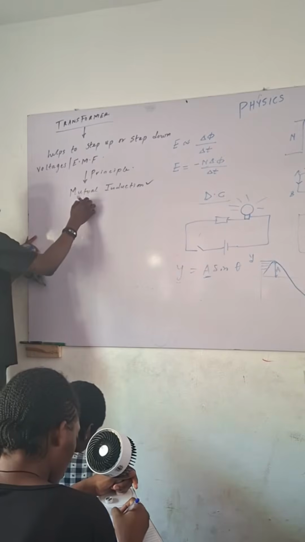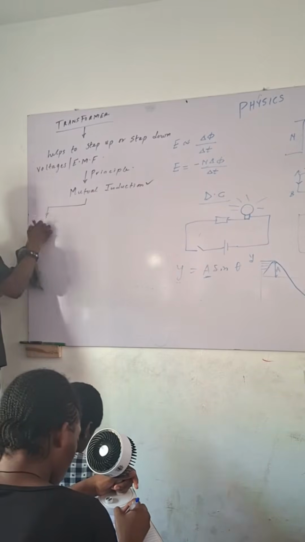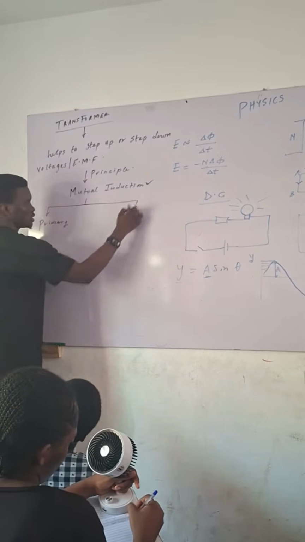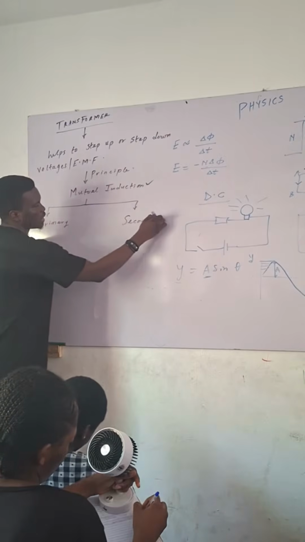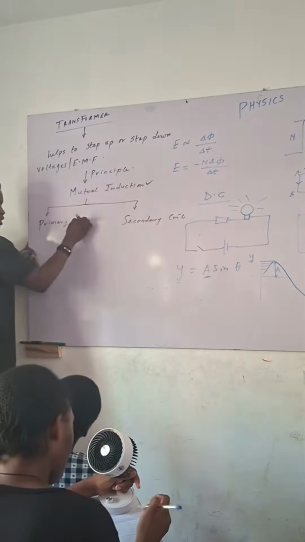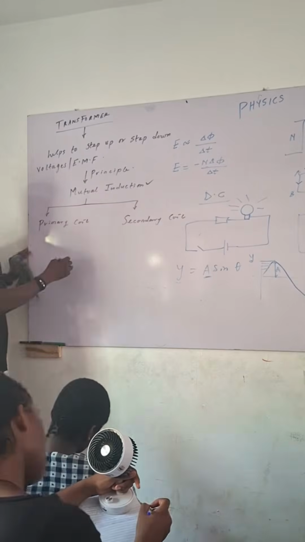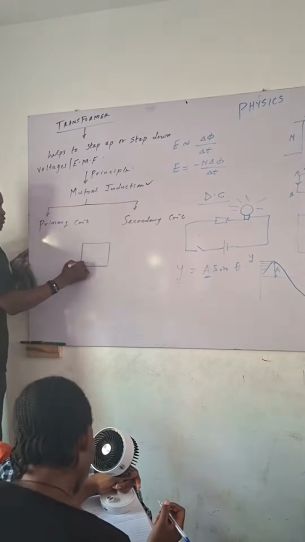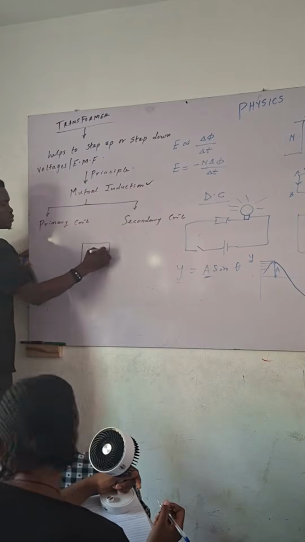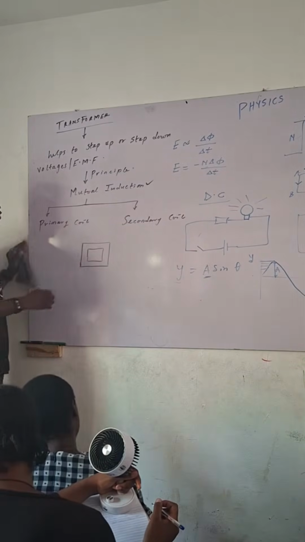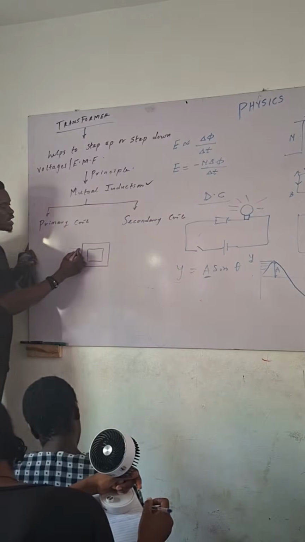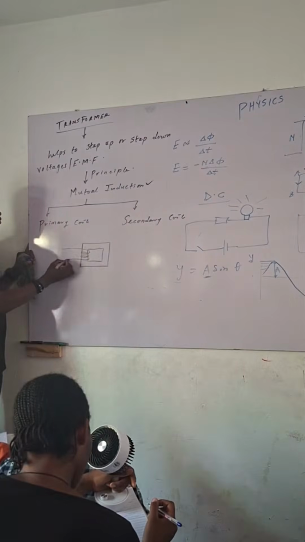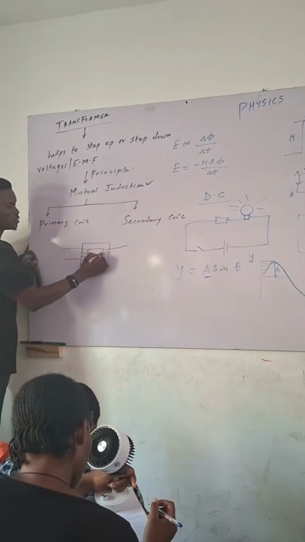So there are two parts of a transformer. We have a part that is called the primary and the secondary coil in a transformer. So a transformer looks like this. There's a metal plate. Now, this metal plate has a wound wire around it.